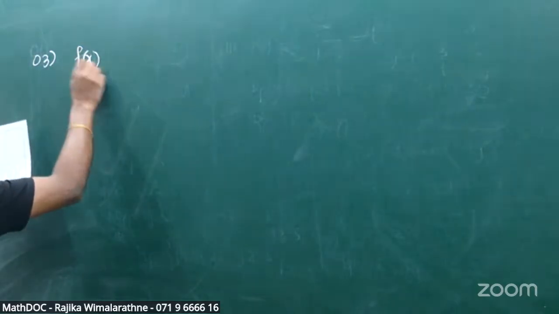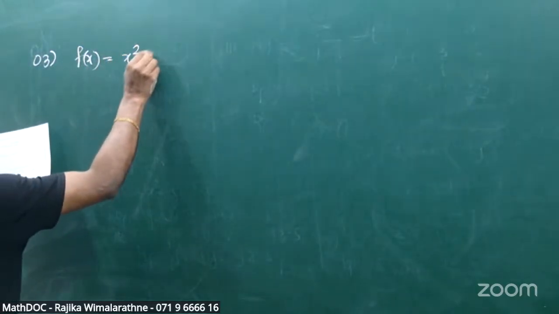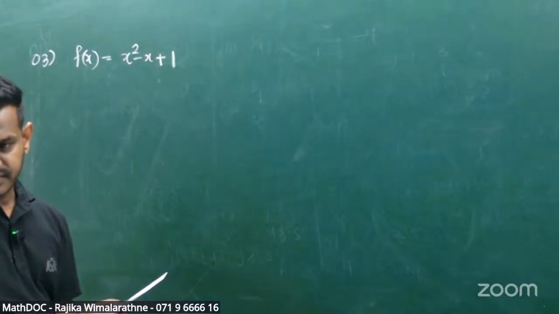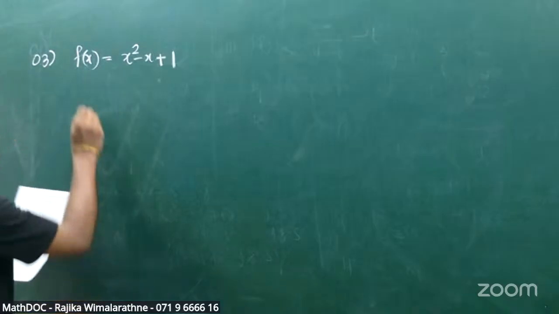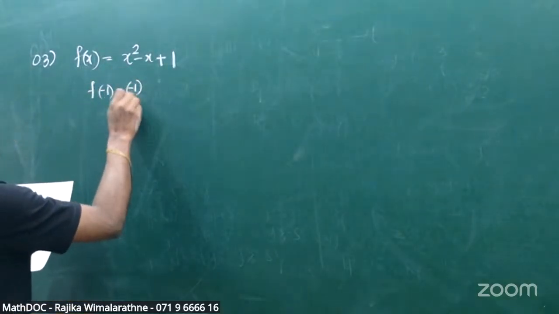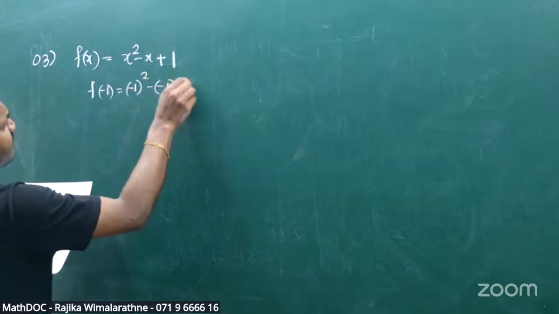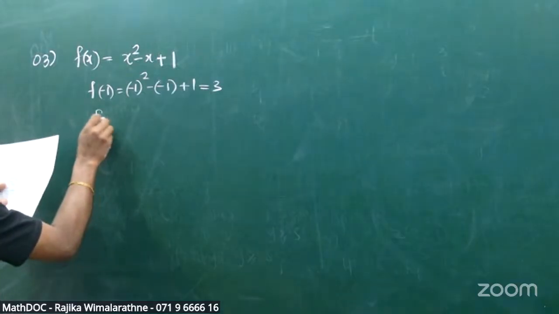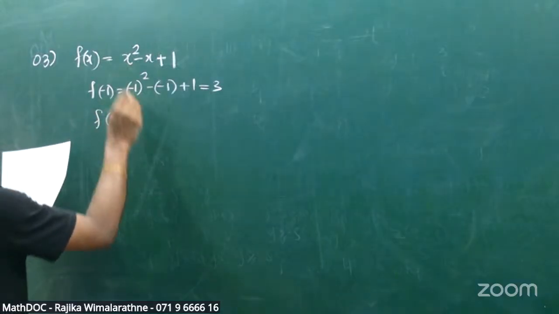Here f(x) is x squared minus x plus 1. Now f(-1) means you have to replace x by minus 1. Then simplify, we get answer 3. Then f(0), substitute x equals 0.